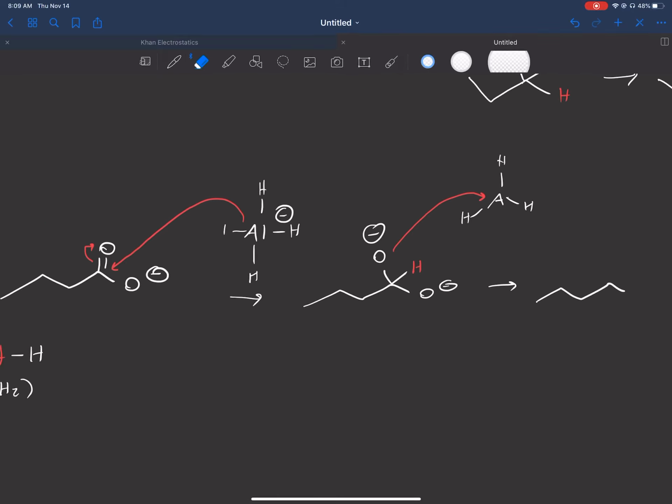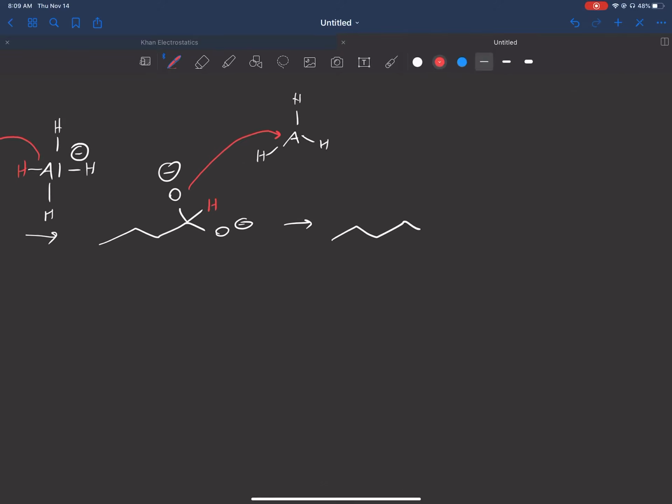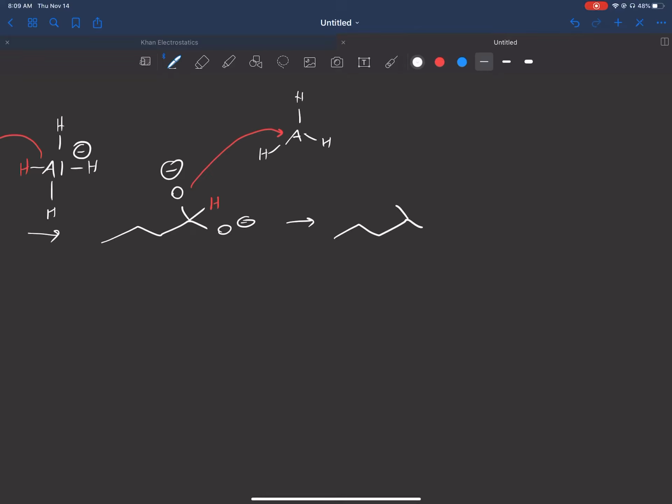Oh, and here, this is that hydrogen that we just attached. So we get O bound to aluminum, 1 hydrogen, 2 hydrogens, 3 hydrogens, our O minus, and that other hydrogen that we attached.